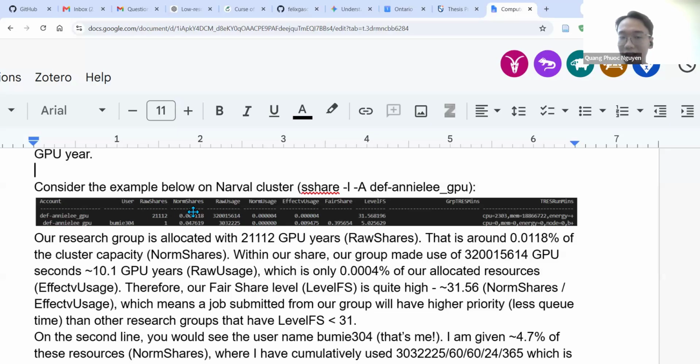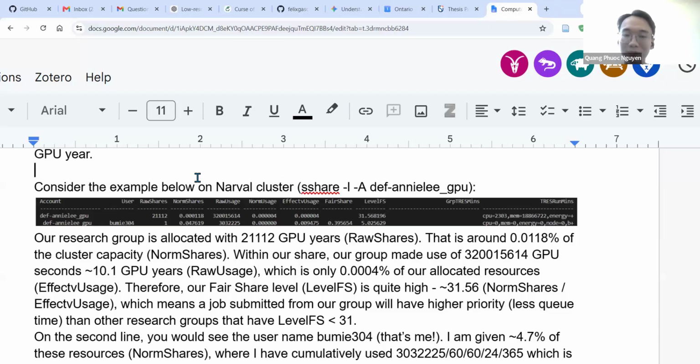And the normalized shares will help you understand the proportion of our resources compared to the whole cluster within the billing period.